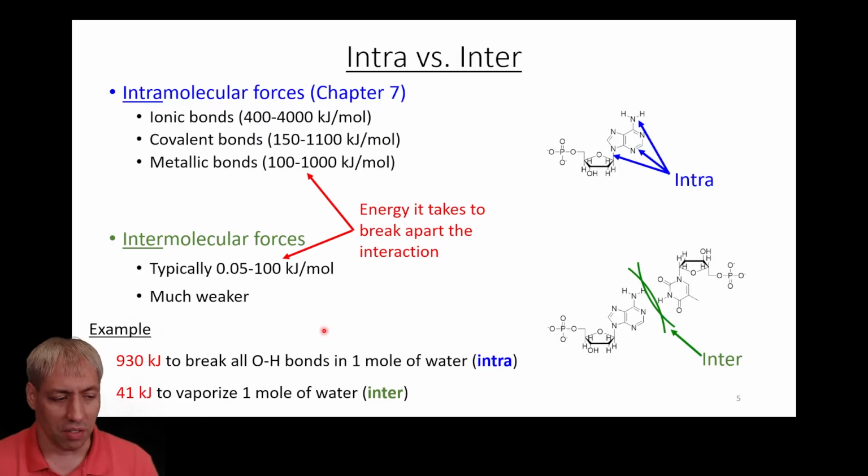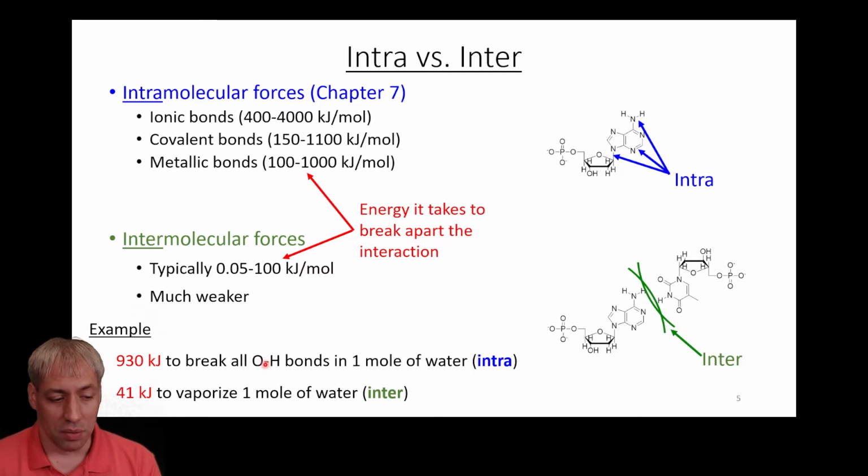And so just to give you an example, if you're going to try to break apart an OH bond, which is a polar covalent bond in water, H2O, if you want to break apart 1 mole of these OH bonds, it's going to take you 930 kilojoules. So that's how much energy you're going to have to pump in to break 1 mole's worth of OH bonds.